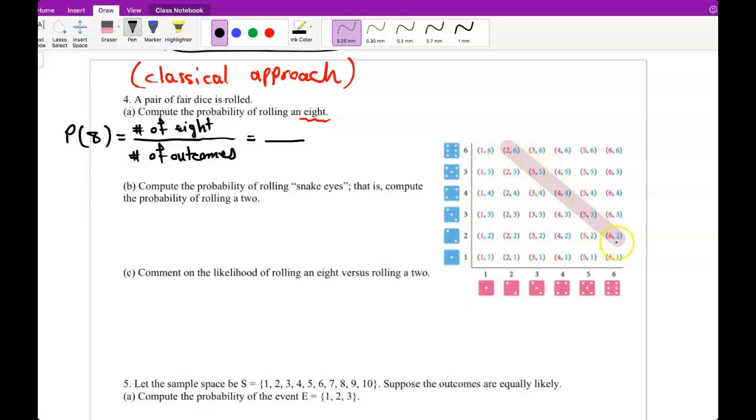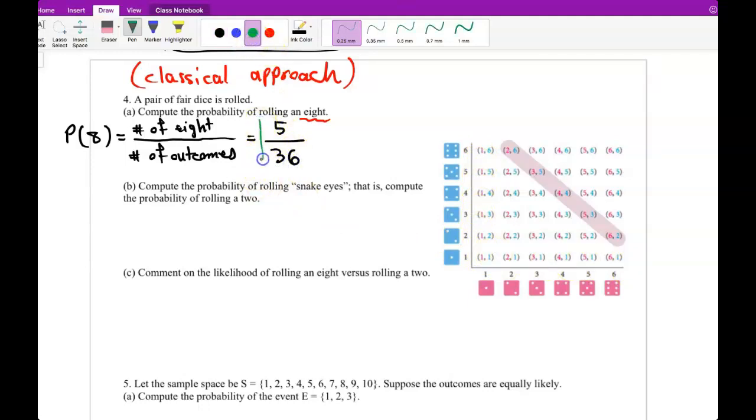And on this part we have all these 5 events adding up to 8: 2 plus 6, 3 plus 5, 4 plus 4, 5 plus 3, 6 plus 2. All of these are equal to 8, so the number of 8s is 5. The denominator is the number of outcomes in this sample space: 6 times 6, so we have 36 in total.